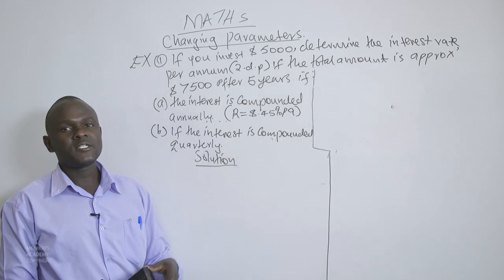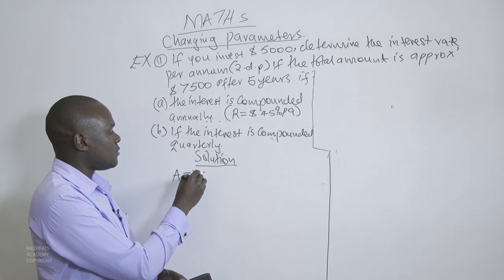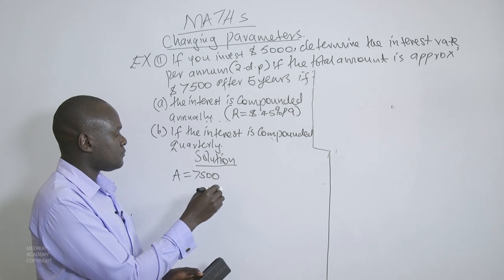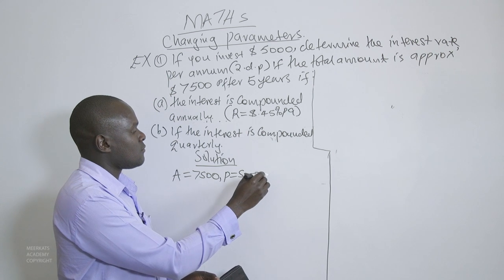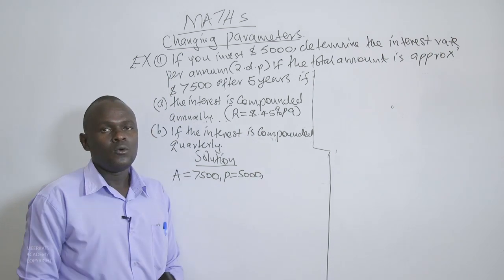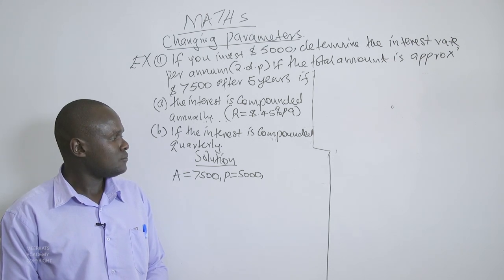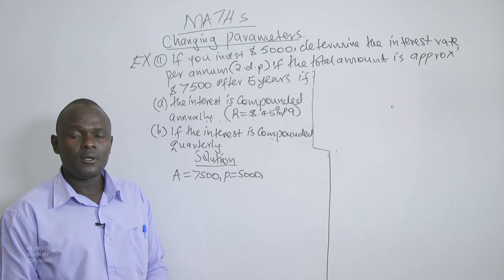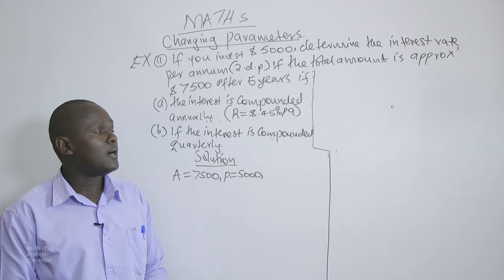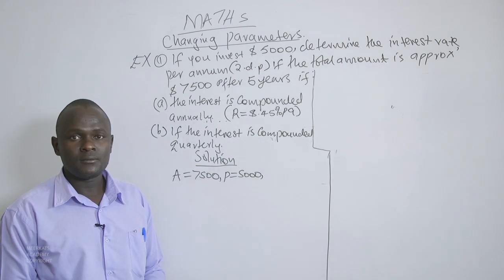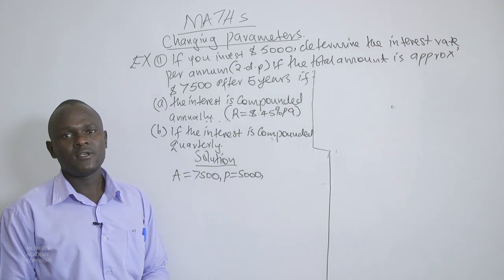Just like in the first part, we should list down the variables. Now, when we are talking about the quarterly compounding, it means that we are going to have some adjustments in our periods, because we are told the duration is 5 years.